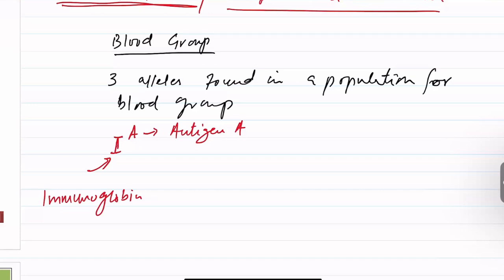The other allele is IB, and the third is IO. An individual can have two of these three alleles only. Why? Because an individual receives one allele from one parent and the other allele from the other parent.